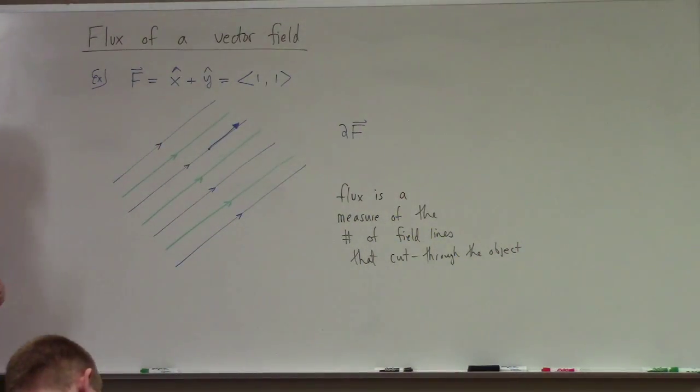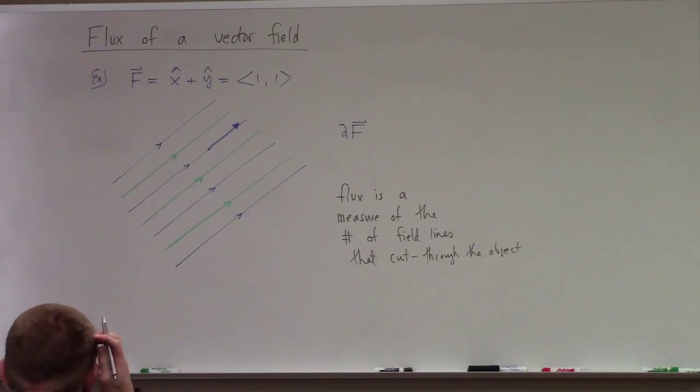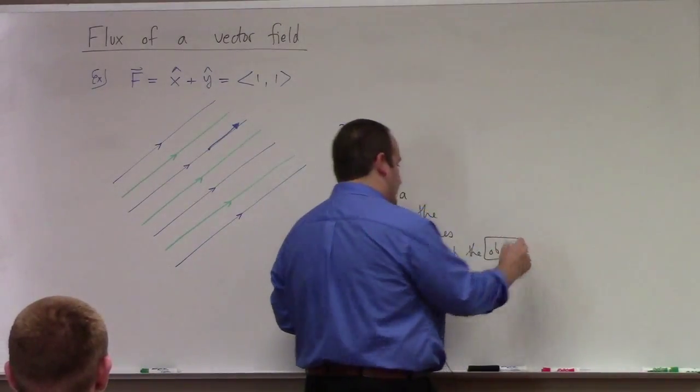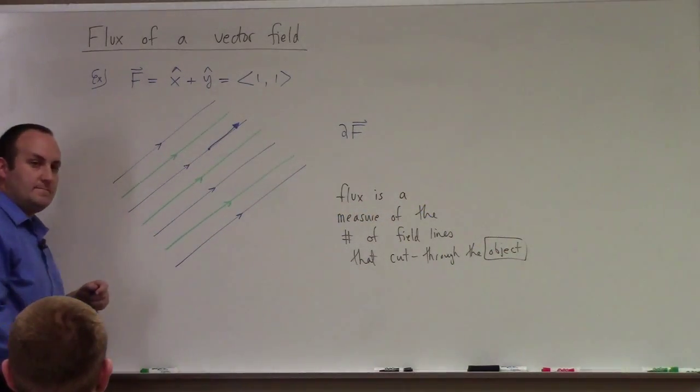I'm being a little bit vague because I want to talk about flux later for vector fields in 3 dimensions, and later I want that object to be a surface. But for today, talking about 2-dimensional things mostly.